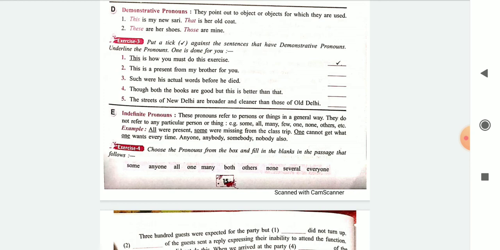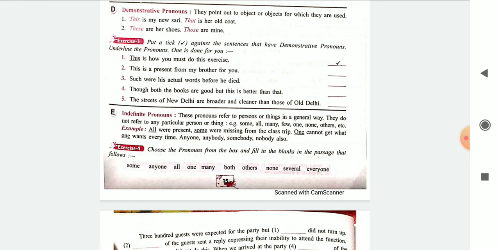But when you don't know, I say there are some children. So here the some becomes indefinite. I don't know exactly how many. So such words, some, anyone, many, few, several, everyone, none, these words which don't give you the definite number are called indefinite pronouns.